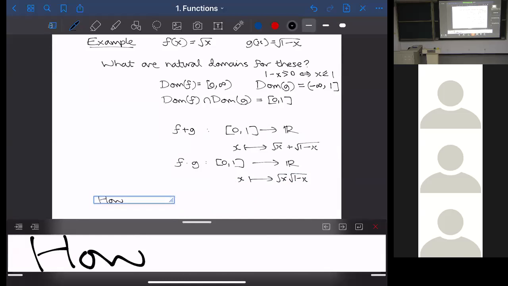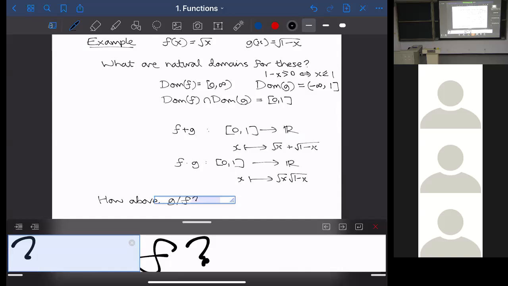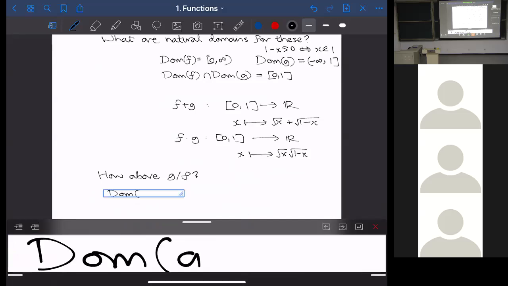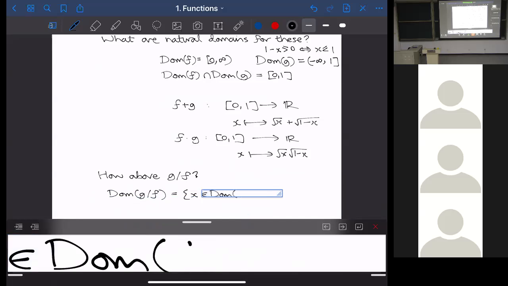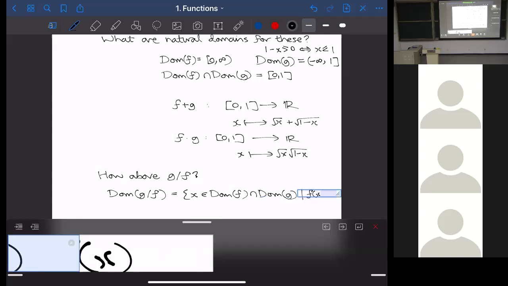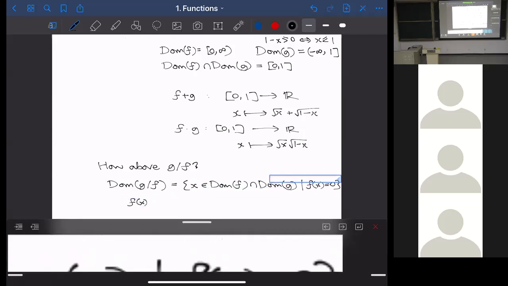So how about g over f. So from the definition, the domain of g over f is the set of x in the domain of f intersect the domain of g such that f of x is not 0.